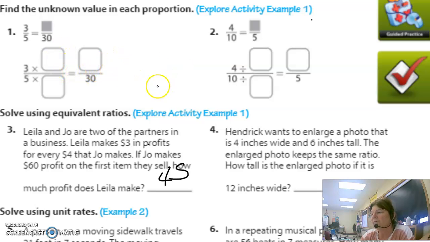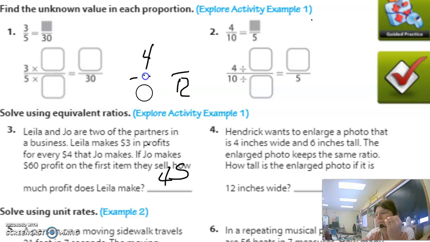So you have 4 and 6 and 12 inches wide. What would that number be? How would you do it, would you divide or would you multiply? You would multiply.